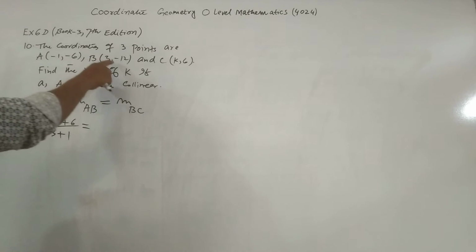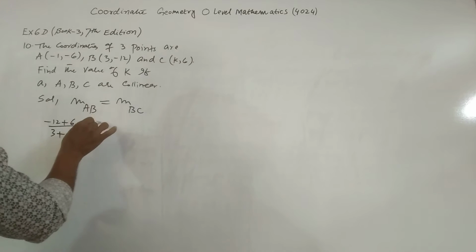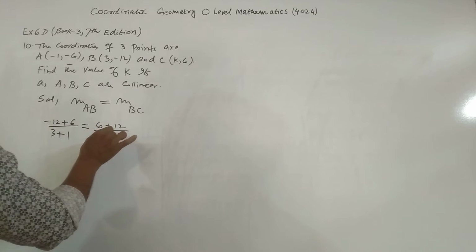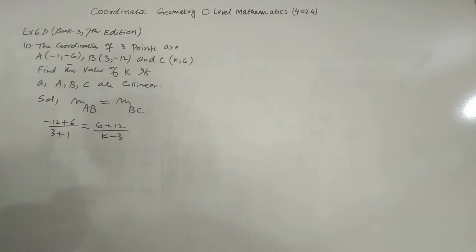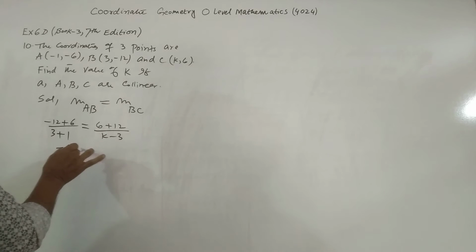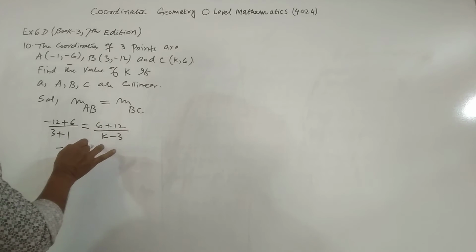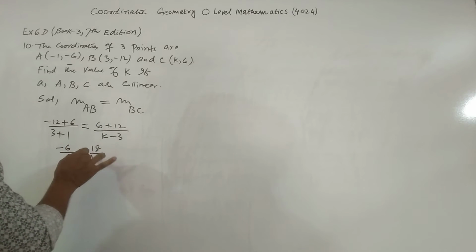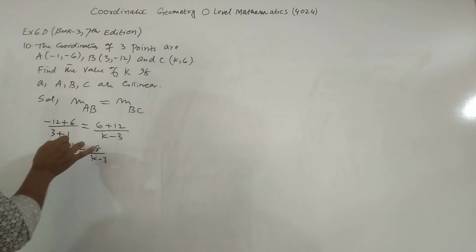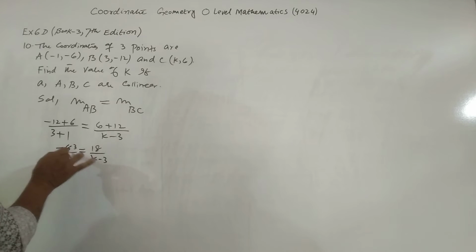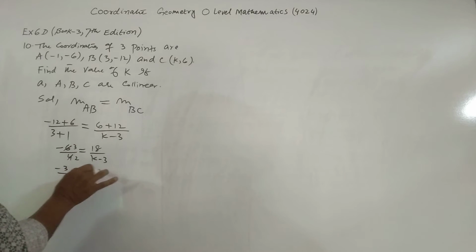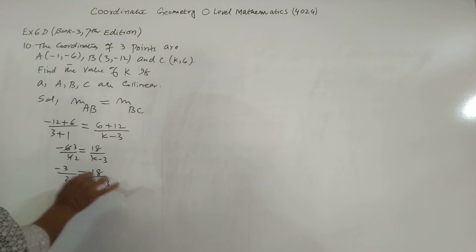Similarly, find the gradient of BC: y2 minus y1 upon x2 minus x1. -12 plus 6 is -6. 3 plus 1 is 4. 12 plus 6 is 18. k minus 3. You can cancel this by 2. 2 threes are 6, 2 twos are 4.